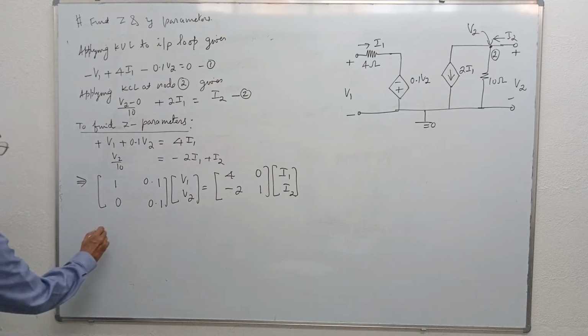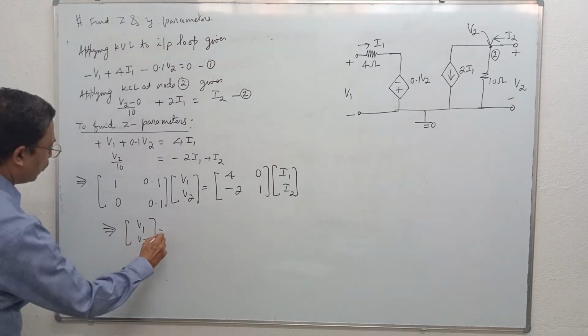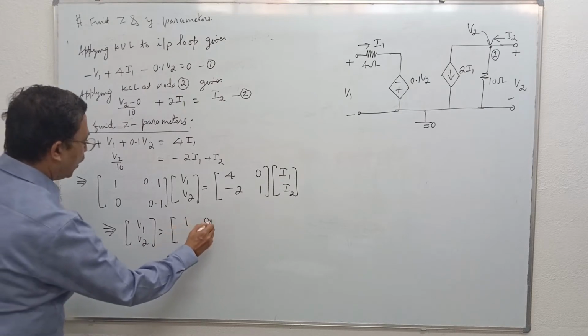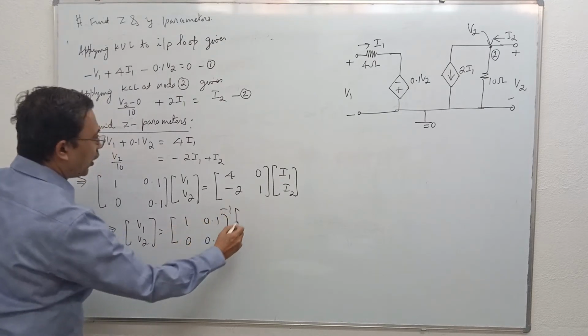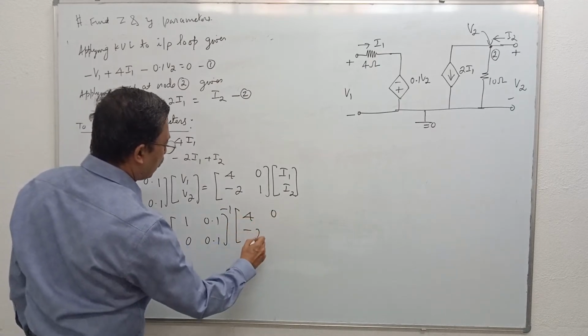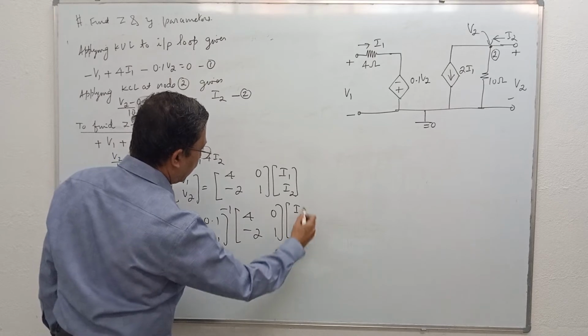This implies column matrix V1 V2 is equal to [1.1 0.1] inverse multiplied by [4 0; -2 1] multiplied by the column matrix I1 I2.